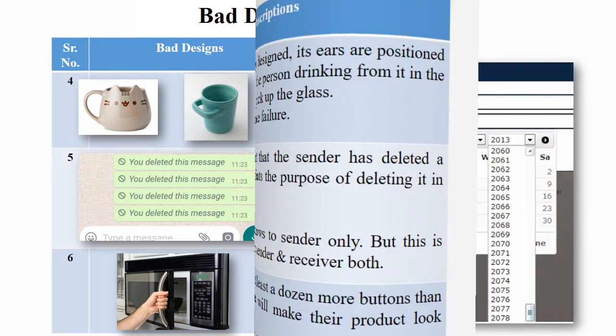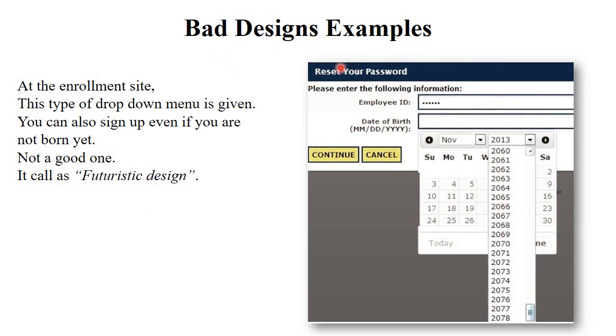Next, the next bad design example is this. See here, this is an enrollment site. You need to enroll on the site using your employee ID and date of birth. But in the date of birth drop down menu, the current year is 2022, yet it shows years from 2060 up to 2078. This is not possible, right?